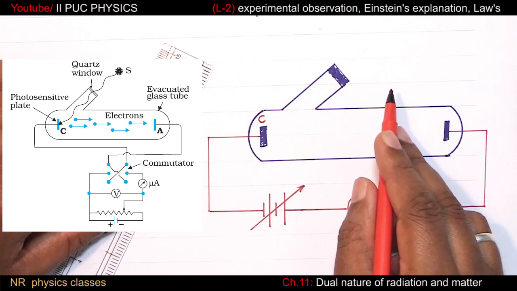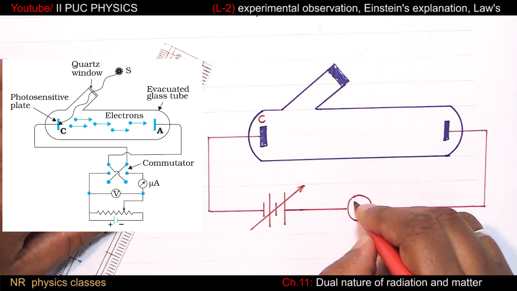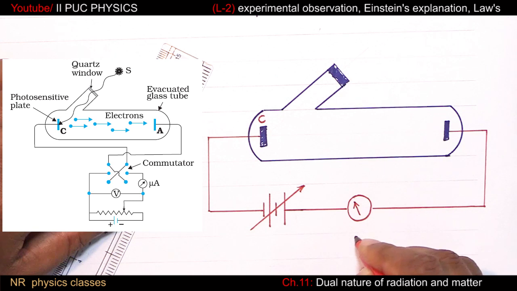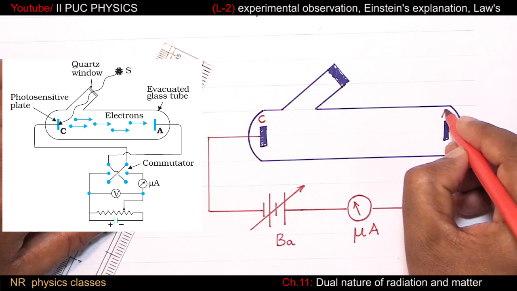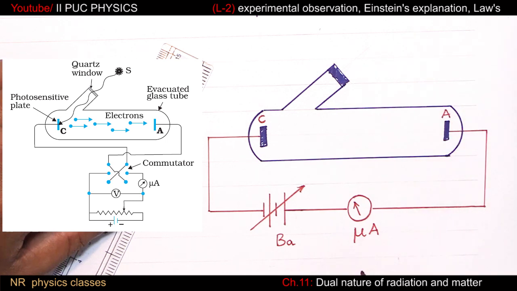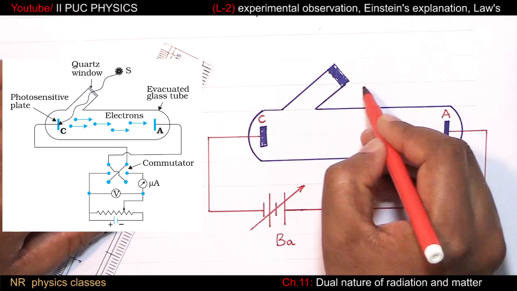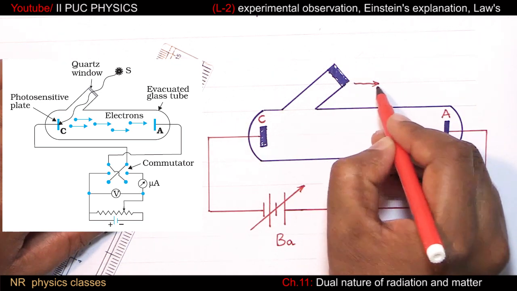It is in microampere. Therefore, this is a microammeter. BA stands for battery, variable source. This is the anode. This is the quartz window.